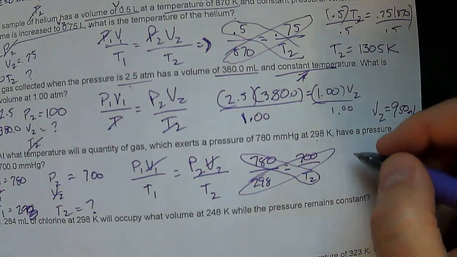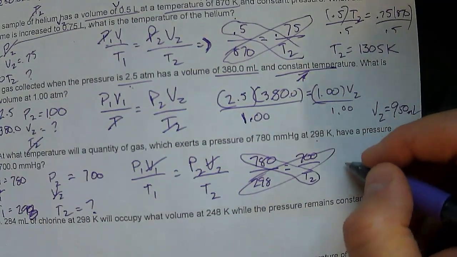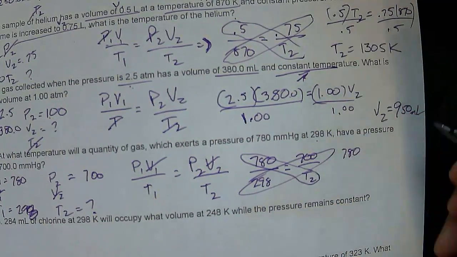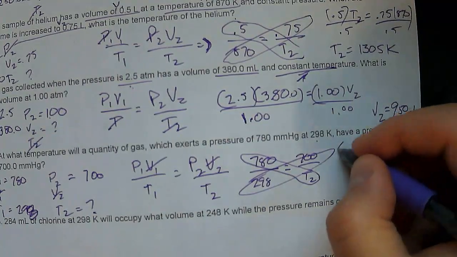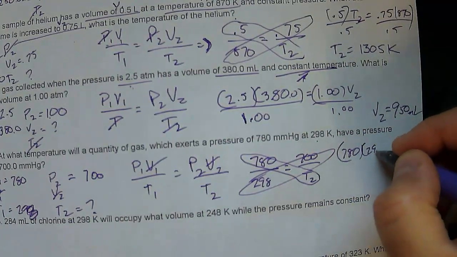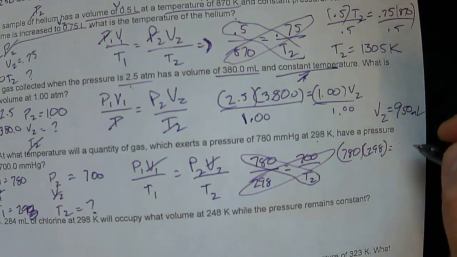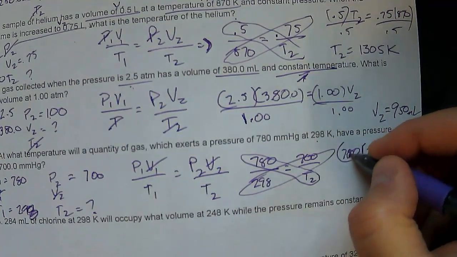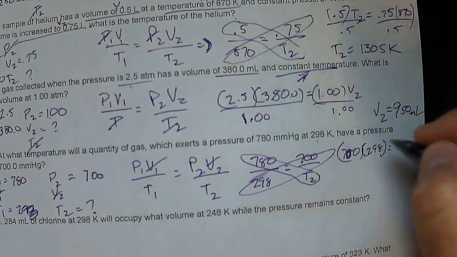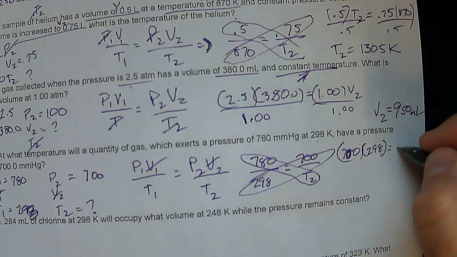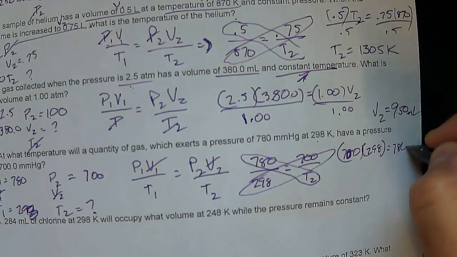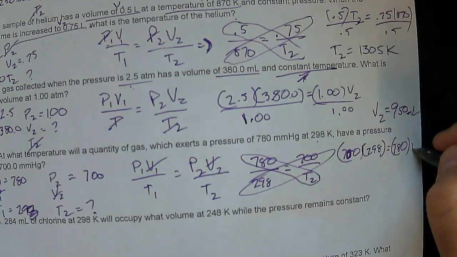So we get 700 times 298 equals 780 times T2.